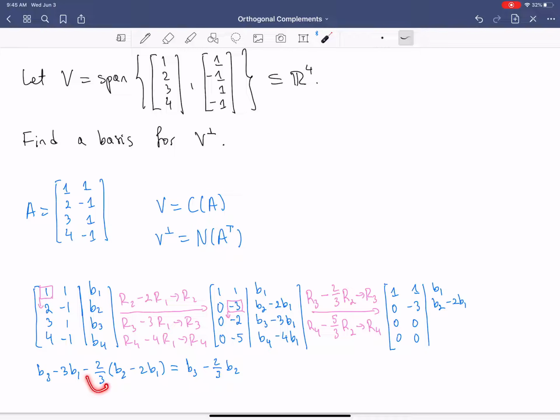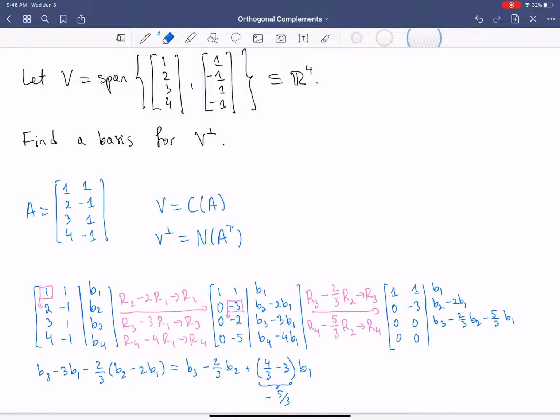And then negative 2/3 times negative 2 becomes positive 4/3. So I have plus 4/3 minus 3, B1. And there is a negative there because 3 is 9/3. So really this reduces to negative 5/3. So we get B3 minus 2/3 B2 minus 5/3 B1.